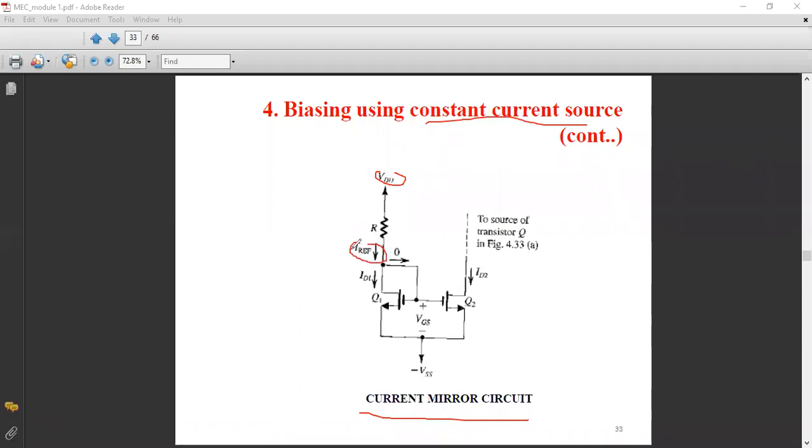The reference current IREF, you can set according to the value of R. So it is the resistance R that fixes the value of reference current IREF, which is equal to the drain current of Q1.